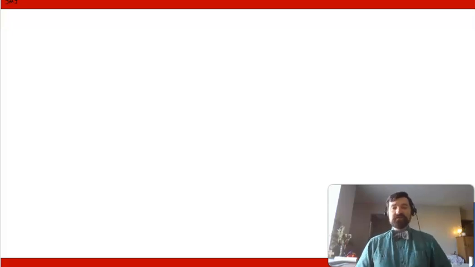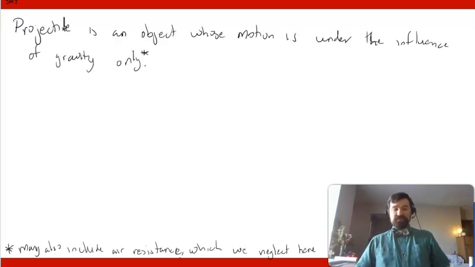What we're adding into projectile motion is that a projectile is an object which is moving under the influence only of gravity. I put the little asterisk to that statement, though, that projectile motion can properly also include air resistance. So this projectile is not just in free fall.